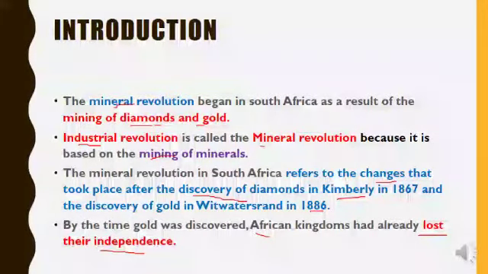So when gold was discovered, these kingdoms lost their independence. It means other countries came to Africa to take over the gold and mining fields. That is why we say African kingdoms have lost their independence.